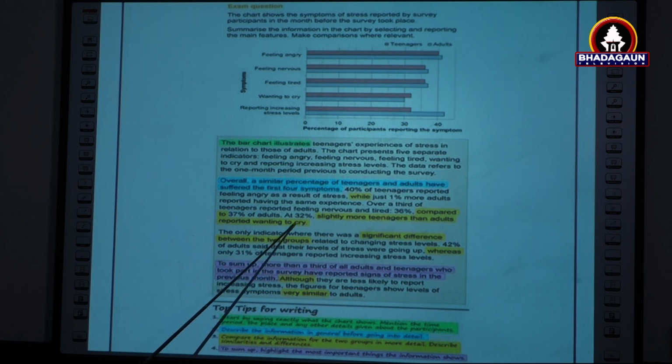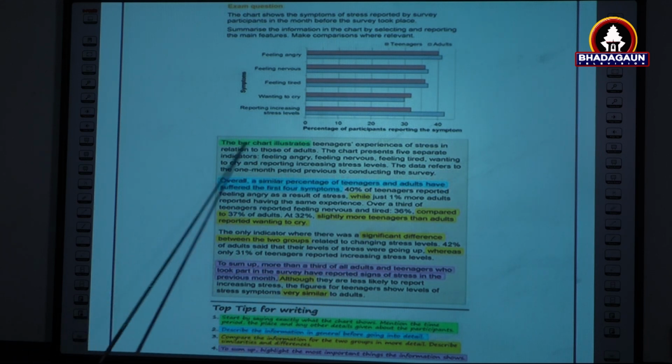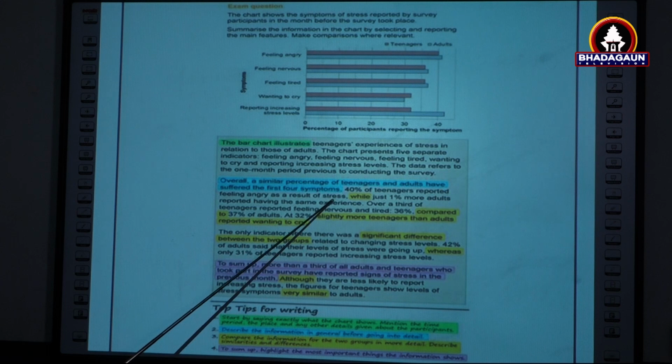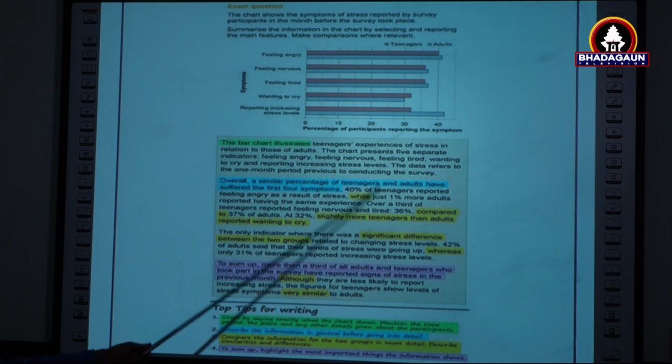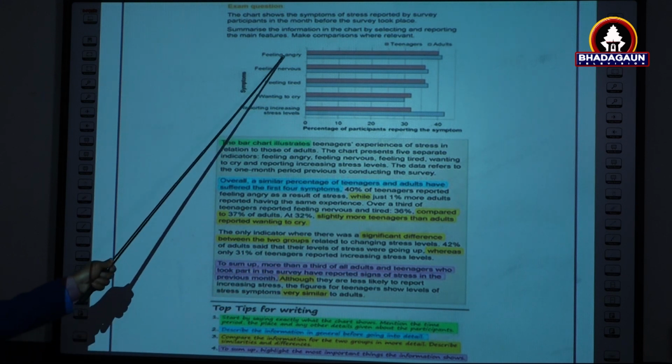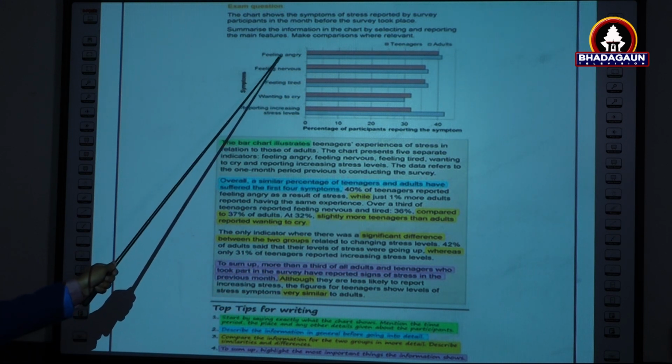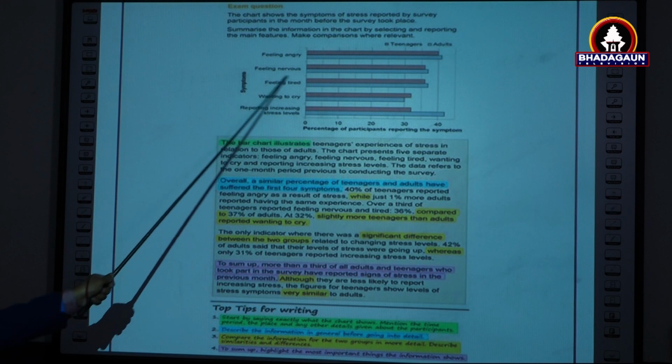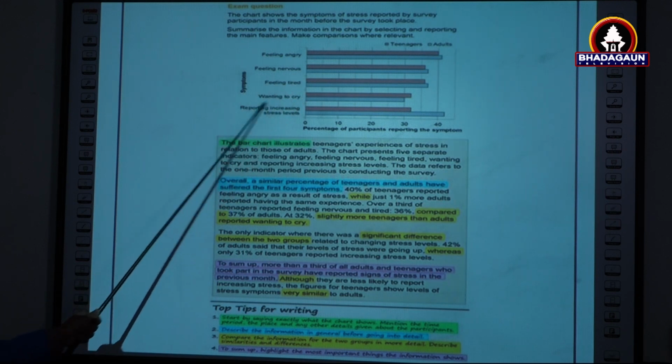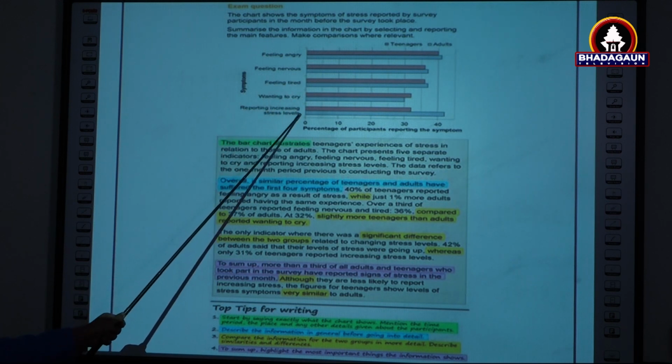So one picture is given. This British Council also presents such type of classes for the IELTS. So I have taken this picture from the British Council Facebook page, but whether it is visible or not, I am not clear. So this is about the survey of the people feeling angry, feeling nervous, feeling tired, wanting to cry, reporting increasingly stress trend.